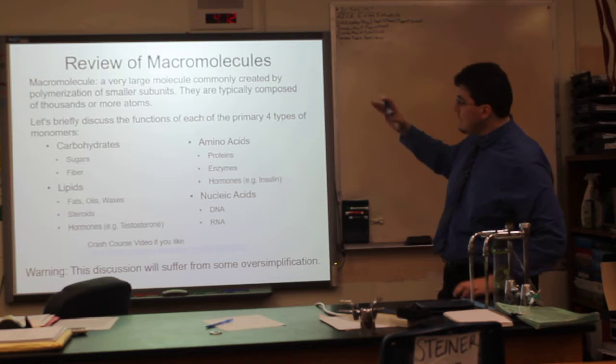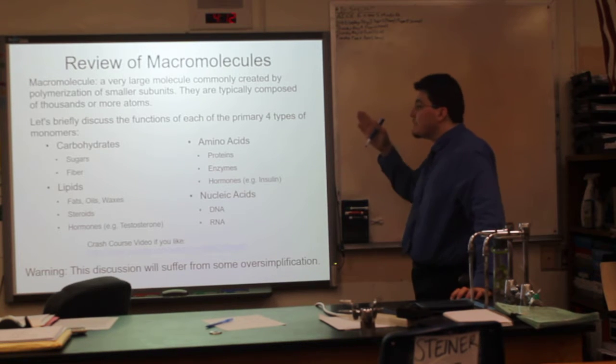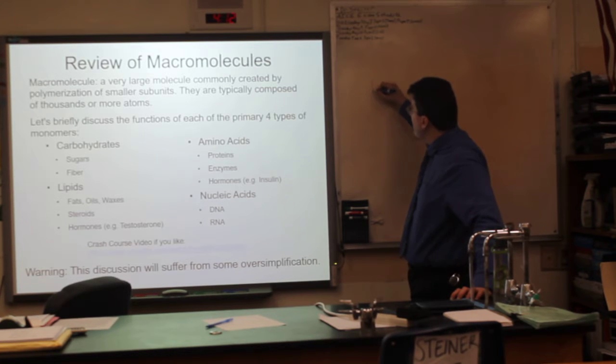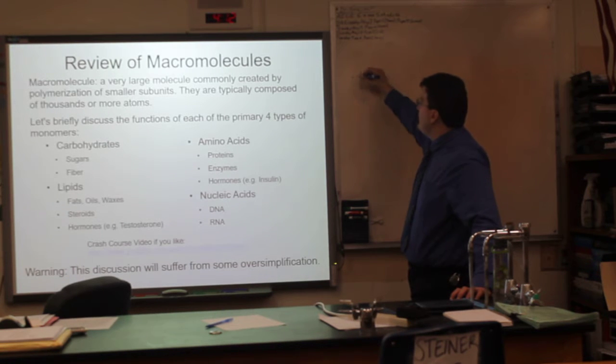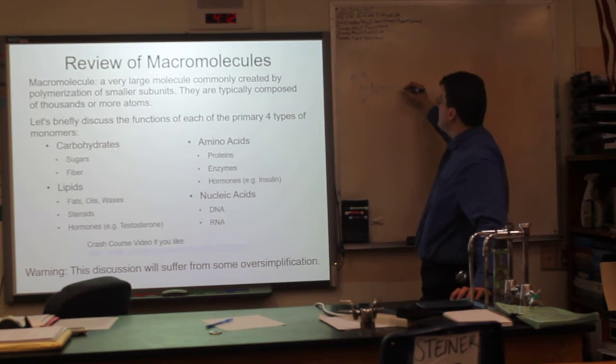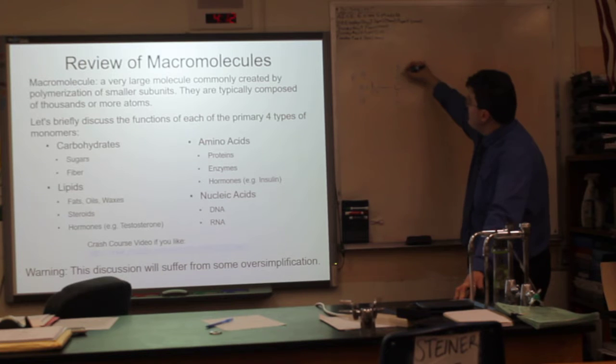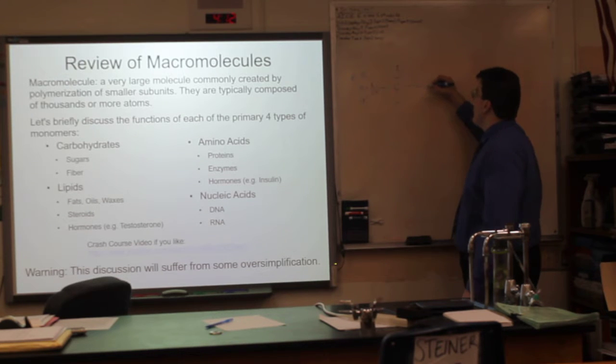Now, amino acids. You'll have your amino group, which will be your amine. So this will be NH3 positively charged, moving to an alpha carbon, which will have a hydrogen, and an R group, which can be variable. And then you'll have your carboxylic acid group, COO-.